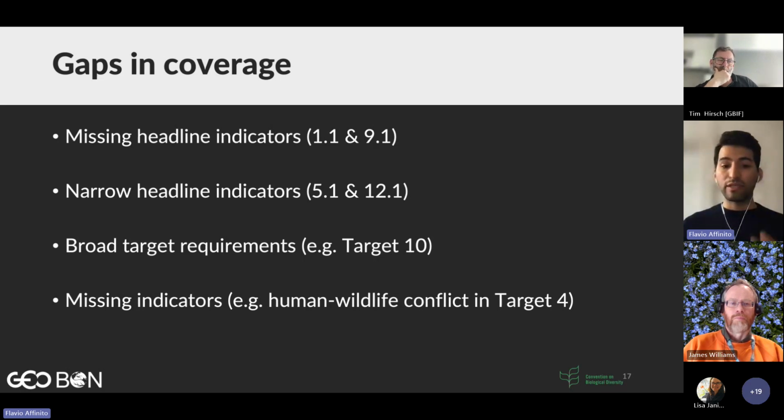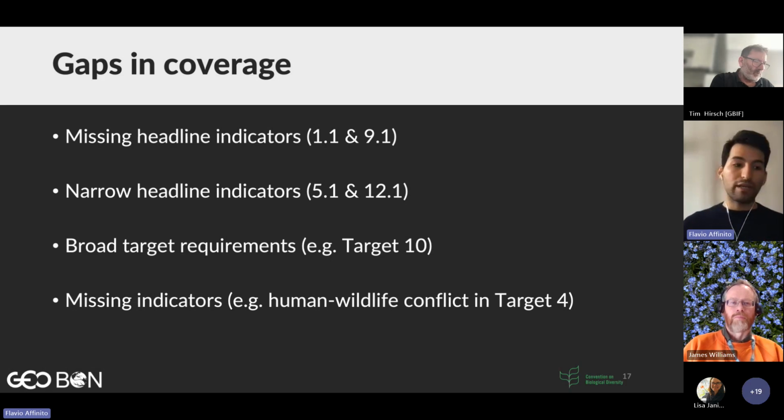And then in some cases, we just have elements that simply don't have any existing indicators, and there's going to be more work needed to develop these indicators. An example of that is target 4, that has an element specifically referring to human-wildlife conflict, but currently there is no indicator on human-wildlife conflict included in the monitoring framework. The good news, however, is that there are a lot of organizations globally and nationally that work on these kinds of indicators.